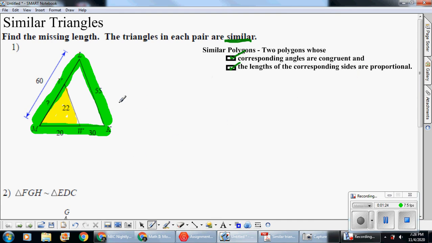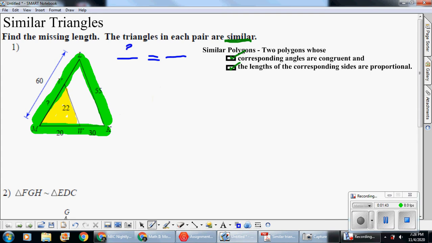So here's the way you do it. For example, I'm going to call this the left side, this is the right side, and this is the base. I like to start with the question mark.